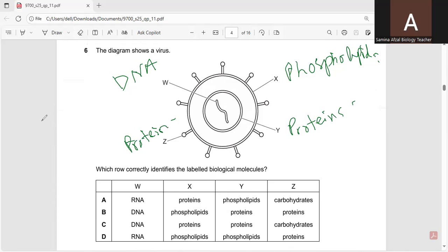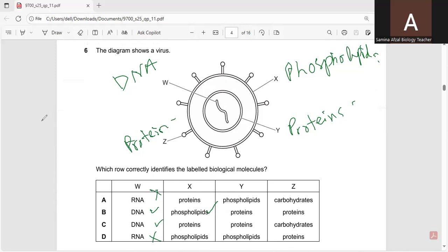So according to this labeling, this is not RNA. So A and D are totally incorrect options. B or C can be correct, because there is DNA. But according to this labeling, which I have done, you can see in B, X is phospholipids, made up of phospholipids.